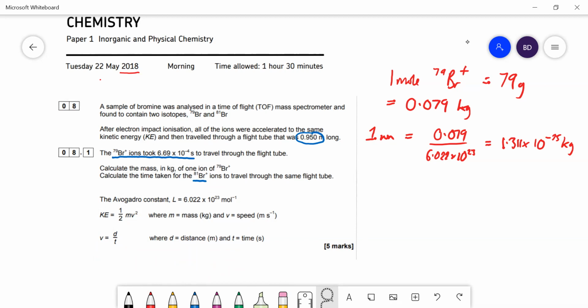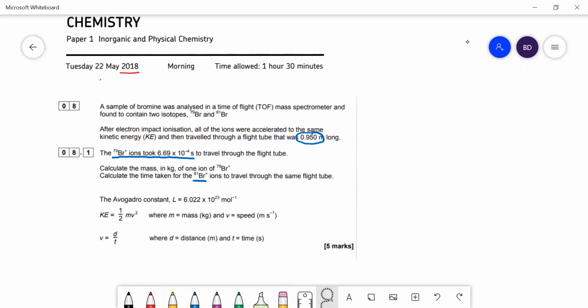Right, I'll just get rid of this here. The kinetic energy of the 79 is equal to half mv squared. And we know that v is equal to distance over time, so the kinetic energy is also equal to a half m d squared over t squared, and that's the time taken for the 79.